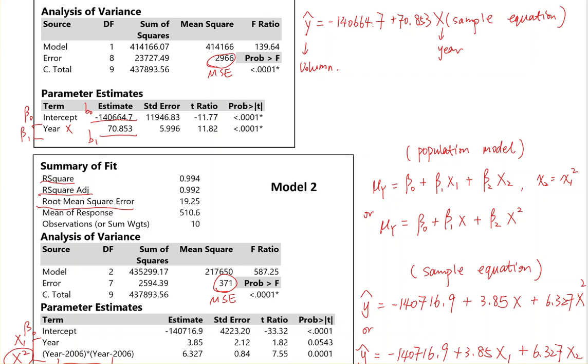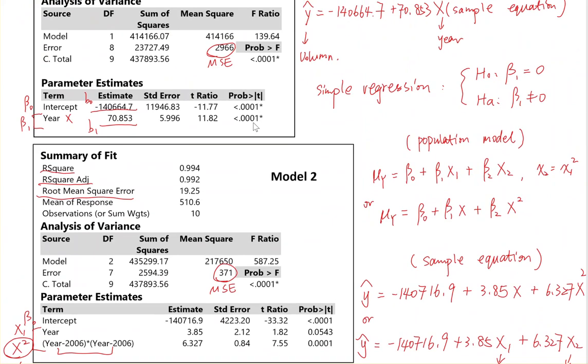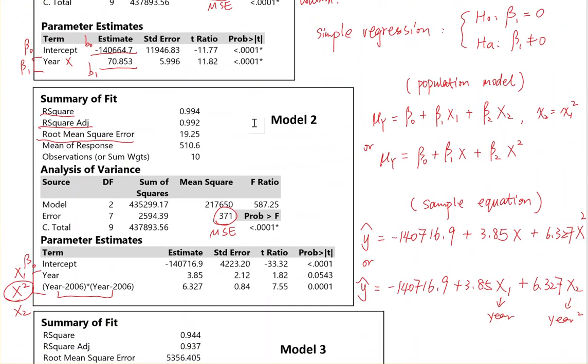The difference between simple regression and multiple regression is when we want to test model 1 for the overall significance, what do we need to test? Still remember, for simple regression, the overall significance we need to test just beta 1, right? Beta 1 equals 0, beta 1 not equal to 0, because we only have this coefficient. But for multiple regression, what do you need to test first about the overall significance?